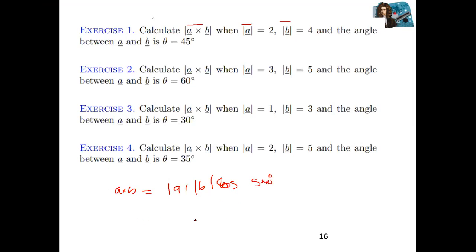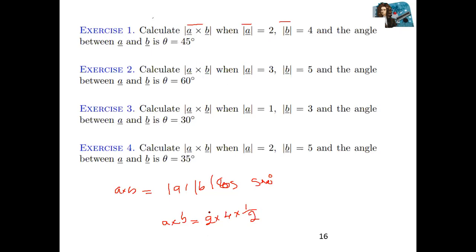So A cross B, where the A magnitude is 2, multiplied with the B magnitude 4, multiplied with sine of 45 degrees. I think sine of 45 degrees equals 1 over 2. No, I think, sir, it's the square root of 2 over 2.